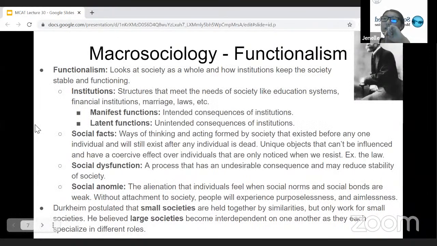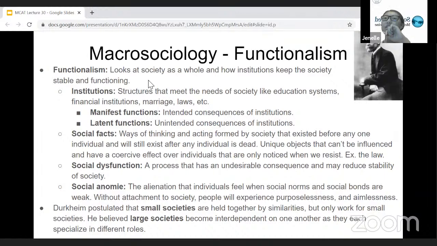And so the first theory that is part of the macrosociology perspective is functionalism. Functionalism was developed by this man here, Emil. I'm not sure if I'm completely pronouncing that right, but his last name is Durkheim. He looks at society as a whole and how institutions keep the society stable and functioning.